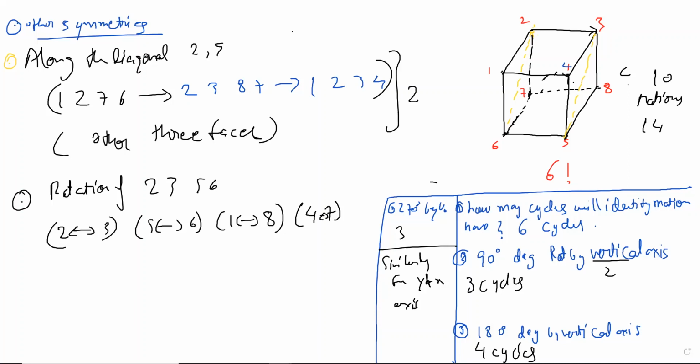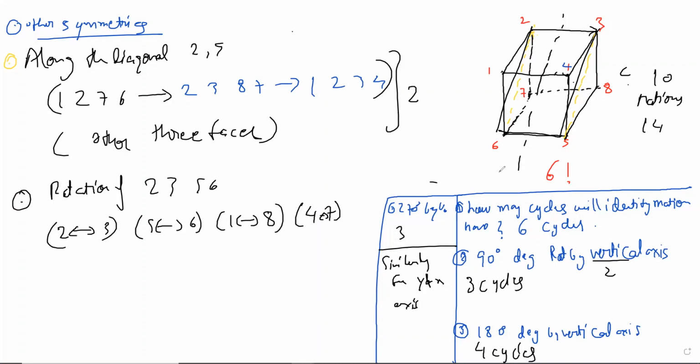wait a minute, I'm making a mistake. One sec. So if you rotate this plane by 180 degrees, of course in a slanted way only, keeping it slanted and then rotating it, then the 2 and the 3 will get exchanged, the 5 and the 6 will get exchanged.